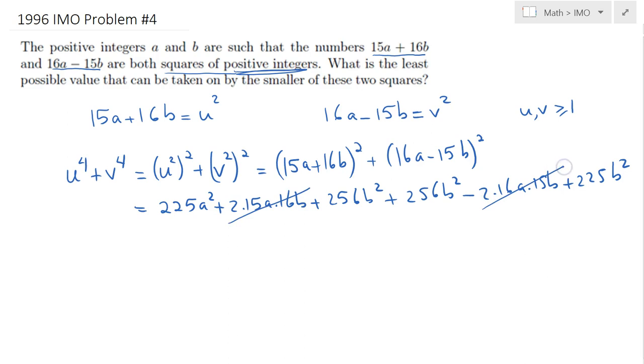So these two would cancel out, and I have some interesting terms which look very similar.